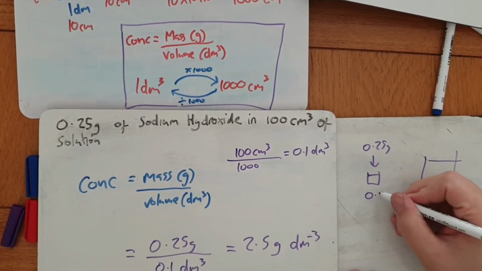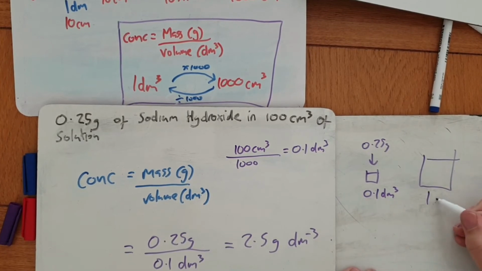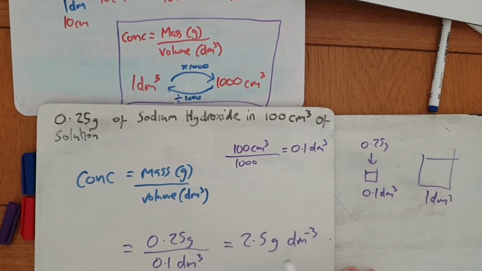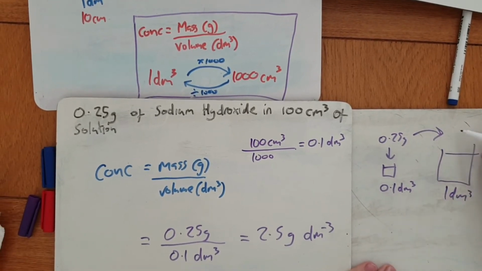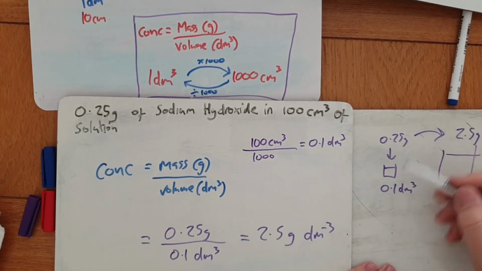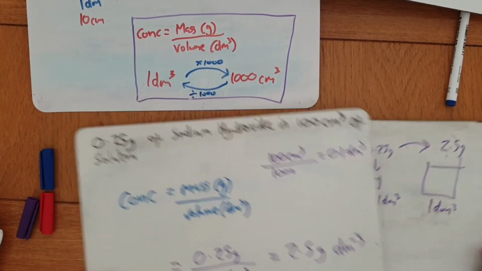So that was 0.25 grams in 0.1 decimeter cubed. Well, if we were putting that into 1 decimeter cubed, like in the unit, we've timesed the volume by 10, so we would have had to times the mass by 10. So these two solutions would have exactly the same concentration. 0.25 grams in 0.1 decimeters cubed is the same as 2.5 grams in 1 decimeter cubed.